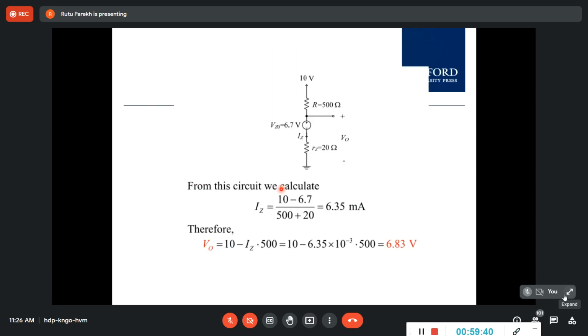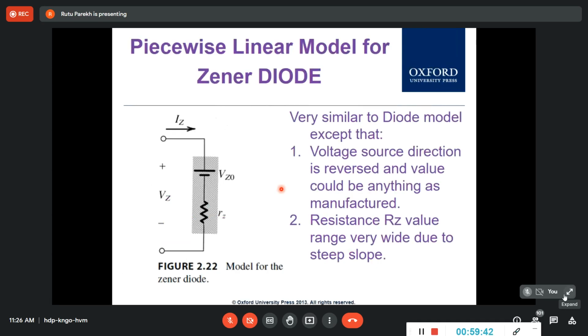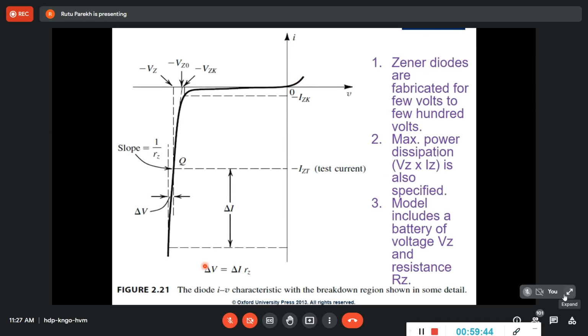So the same graph, if you see here, it means the same thing: delta V is equal to RZ times delta I. This is with respect to the Zener, how much change. The voltage delta V is across the Zener only, which is going to the load, but it is also across the load, since it is in parallel.